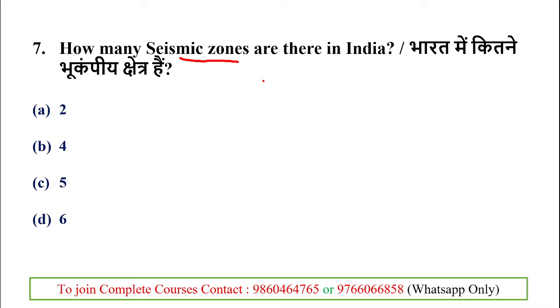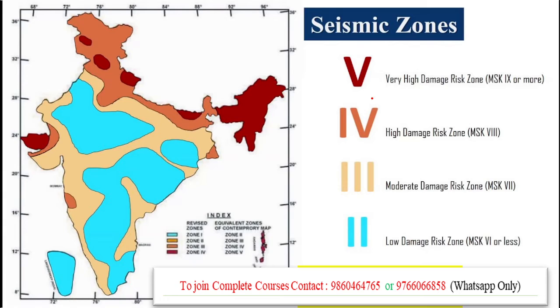So there are four important seismic zones. Which are they? There are 2, 3, 4, 5. These are the four important seismic zones.